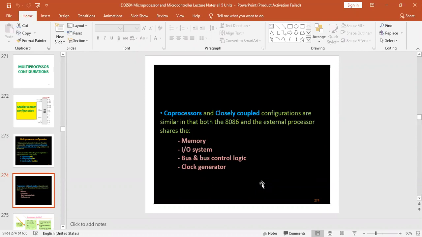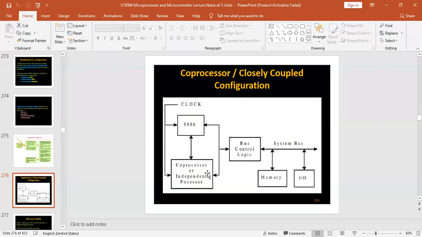Before going to the diagram, closely coupled and loosely coupled share the same memory, IO system, bus, control bus and clock signals. This is the diagram for the closely coupled configuration.